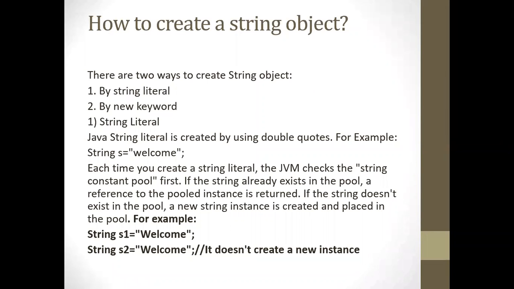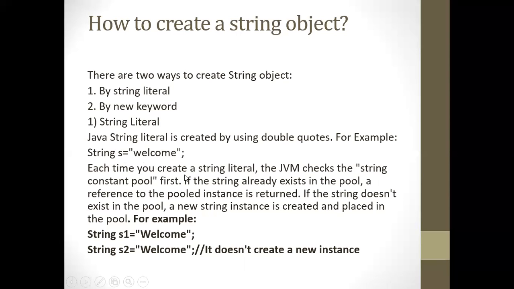So by string literal, we mean that we are creating it by using double quotes. Let's suppose this is a string, you are using the capital S over here. This String represents the string class, and this is the object. You are simply mentioning the string under double quotes.